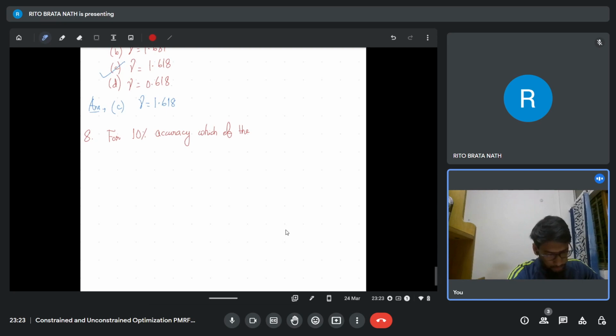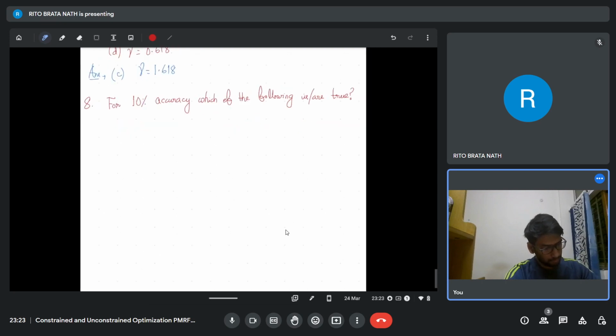Okay, the options are: Fibonacci search method is preferable over the golden section method.